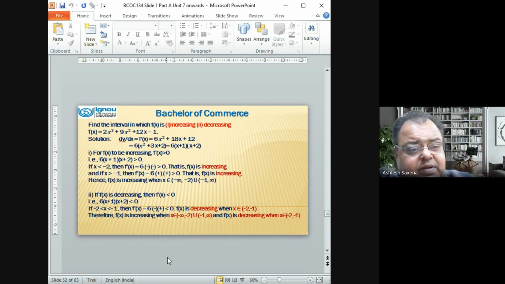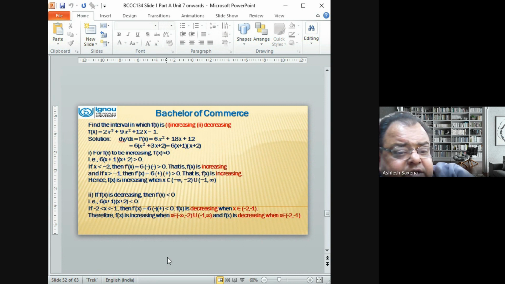Differentiate it, you will get 6x squared plus 18x plus 12. Take 6 common, you will be left with x squared plus 3x plus 2. Split the middle term and you will get the two factors as x plus 1 and x plus 2.